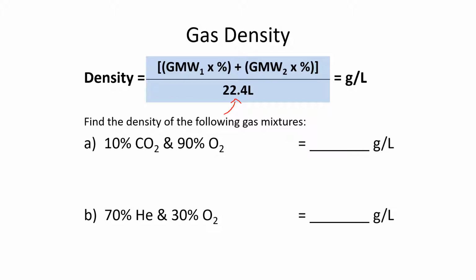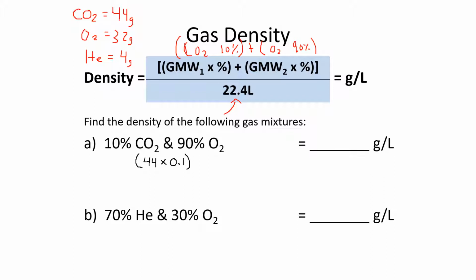So we're going to take the gram molecular weight of CO2 times its percentage, 10%, and then we're going to add that to oxygen's times its percentage, 90%. So let's see, CO2 from the previous slide, 44 grams, oxygen 32, helium, we got 4 grams per mole.